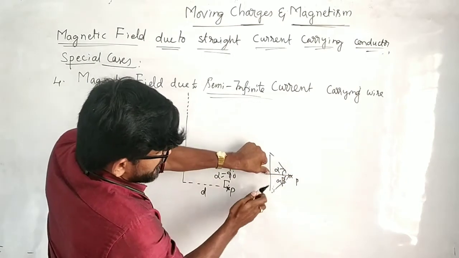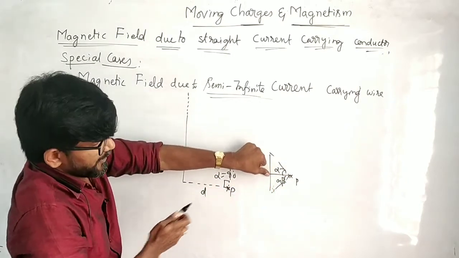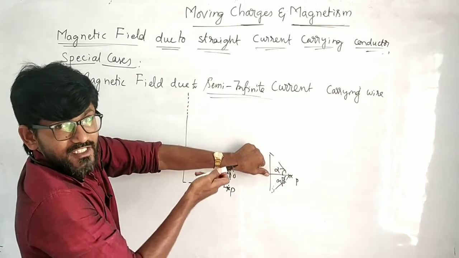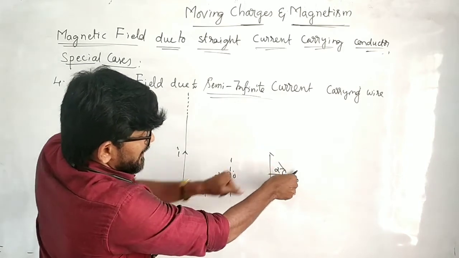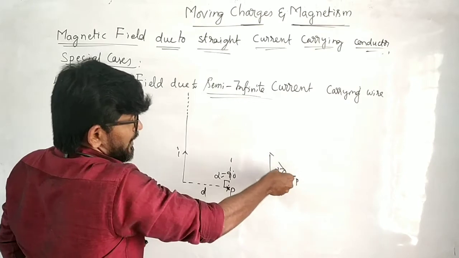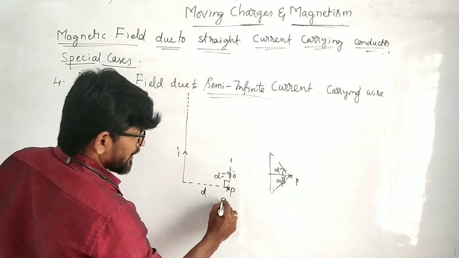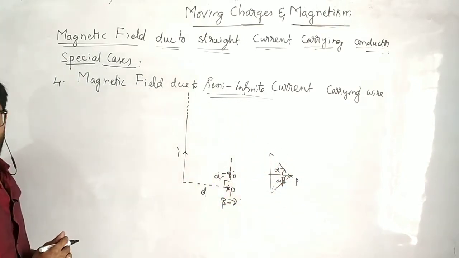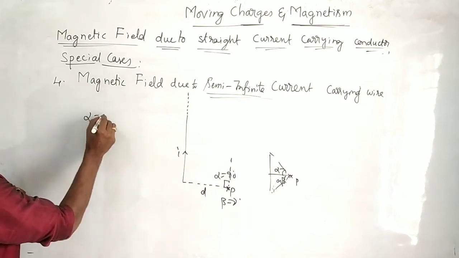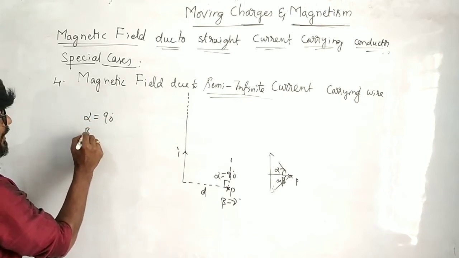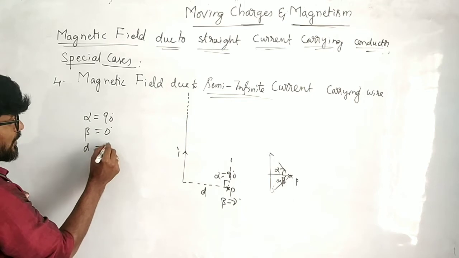If the point is lying exactly at the place where the perpendicular line hits the wire, then this line coincides, so beta becomes 0. So here beta becomes 0. Is that point clear? So alpha is equal to 90, beta becomes 0, d is d only in this case.